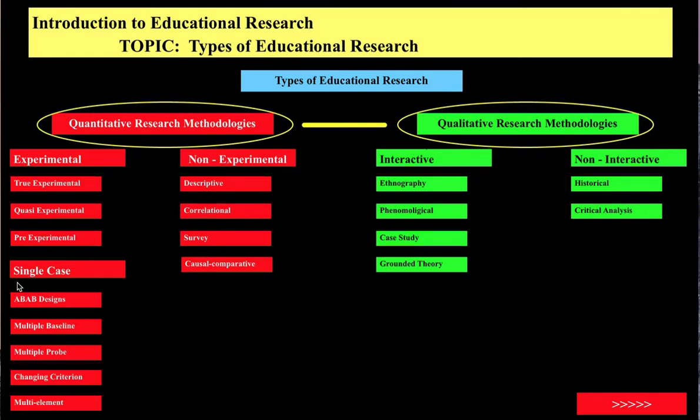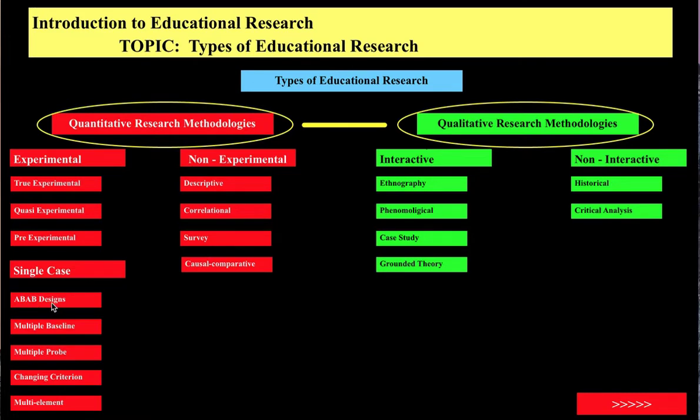Then there is a whole series of what are called single case research designs. Now, these are not single case. It doesn't mean there's just one subject, but they're referred to as single case research designs. And we have listed here 5 different research designs. One is called an AB design.